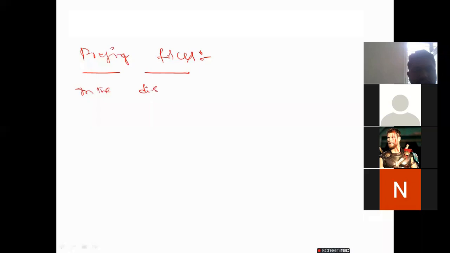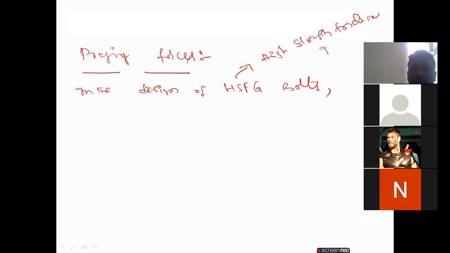In the design of HSFG bolts, HSFG bolts means nothing but high strength friction grip bolts.